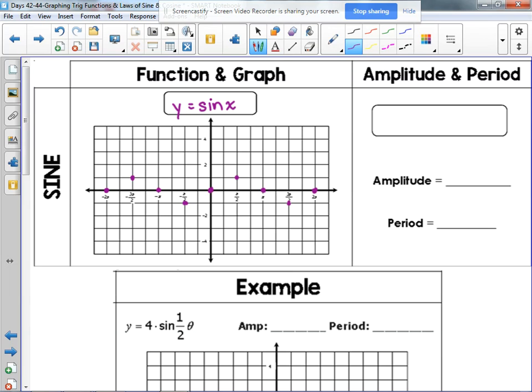Now, we could plug in some more specifics, but if we take these points and our background knowledge that we have of these graphs, then we do know that it looks somewhat like this. Do not connect those with straight lines.